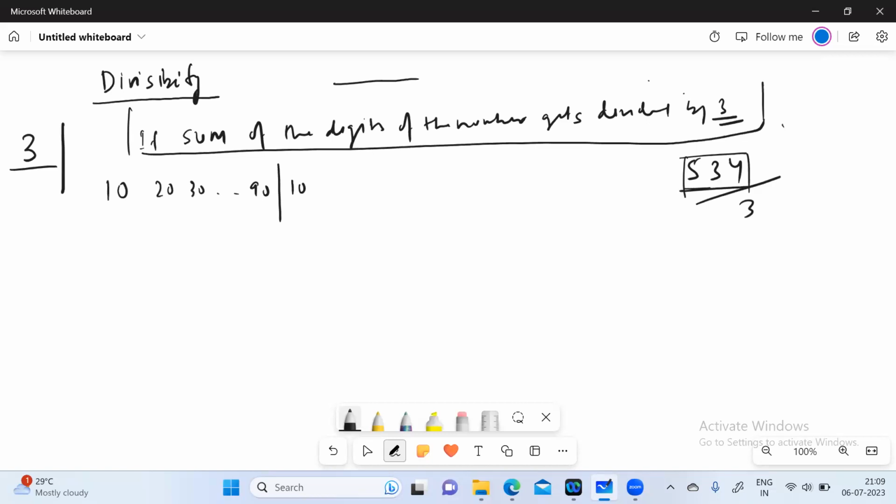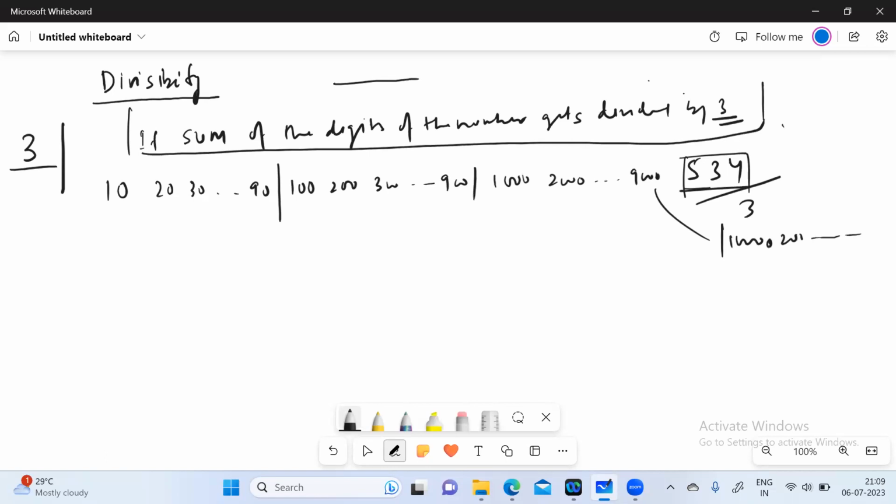Then we get 100, then 200, 300, and similarly 900. Then we get 1000, 2000 and till 9000 and so on. Then we get 10,000, then 20,000 and so on.